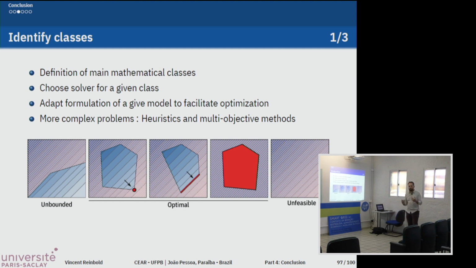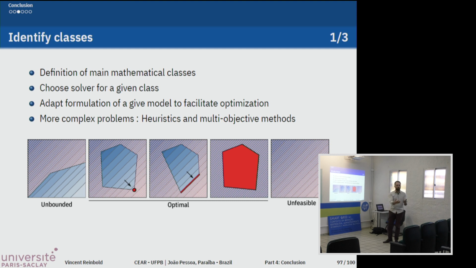We had maybe 2 hours to define the main mathematical classes. We didn't go into the deepest details, but we saw the main families. We saw how to choose a solver for a given class. We know now that there are different solvers for different classes.